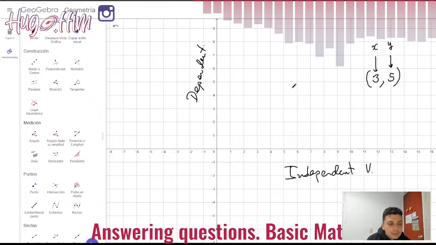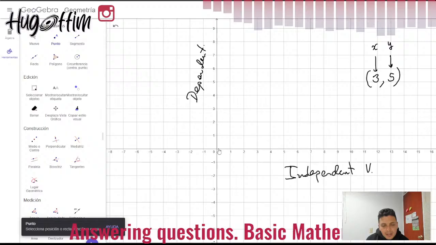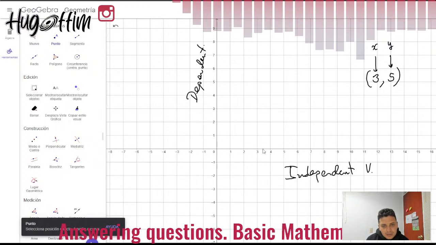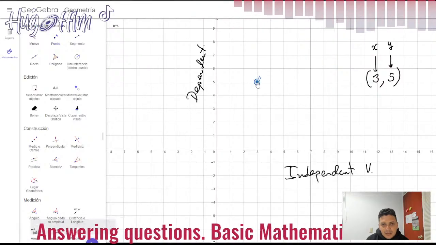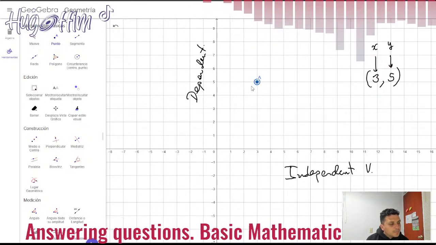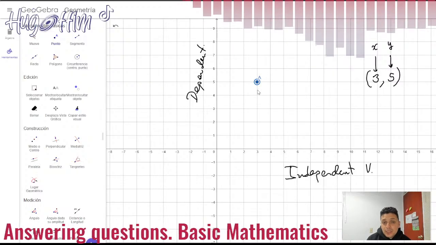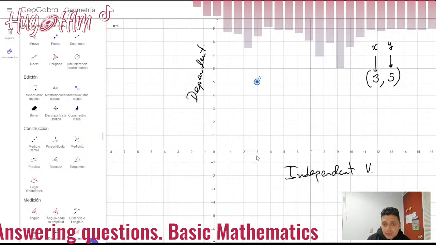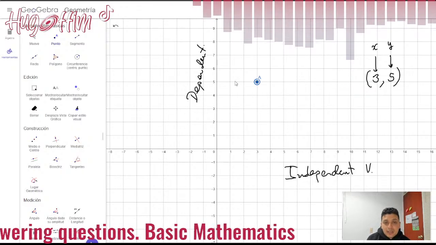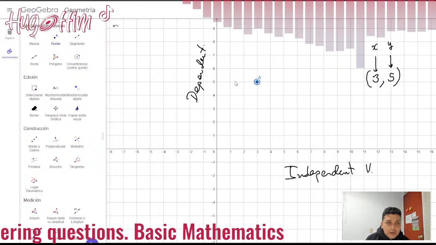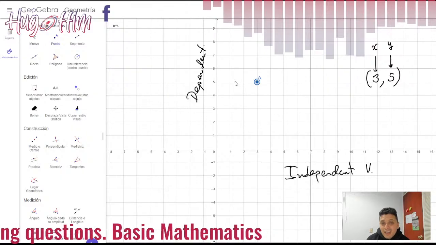So my coordinate 3, 5 means that I need to move 3 units in the horizontal axis and 5 units in the y-axis. So the independent is going to be 3, the dependent is going to be 5. Now, does it mean that always x is independent and y is dependent when you're plotting on a coordinate plane, x horizontal and y vertical?